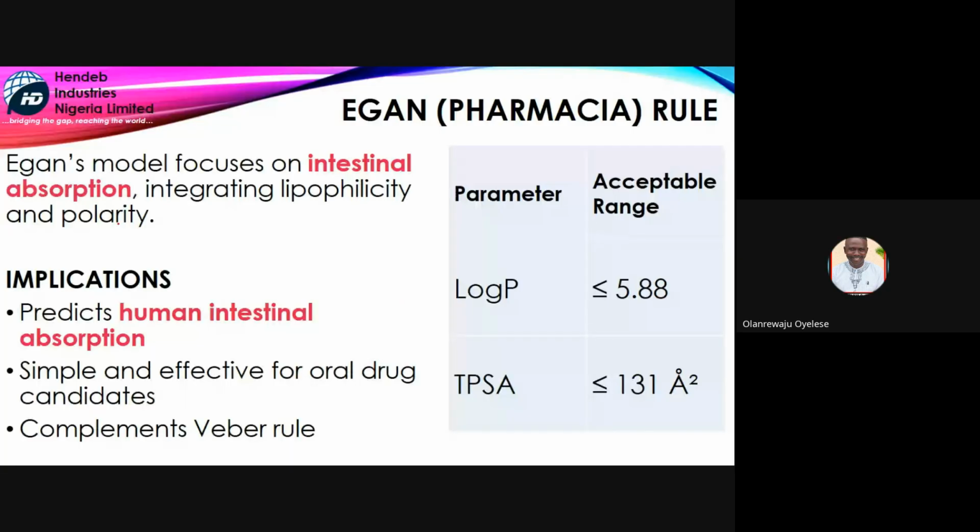Okay, now. So the Hidden rule mostly talks about intestinal absorption, integrating lipophilicity. There is an idea that came to my mind while I was preparing for these lectures in the afternoon. I think I will share it with us.